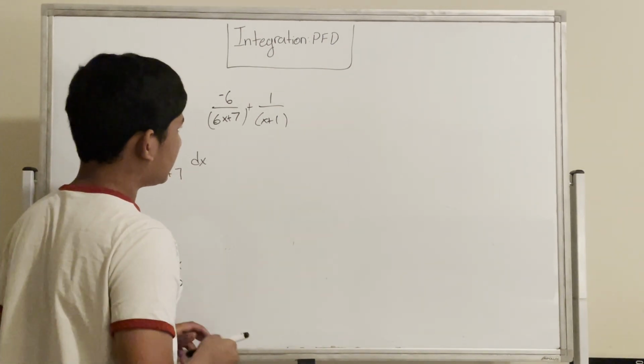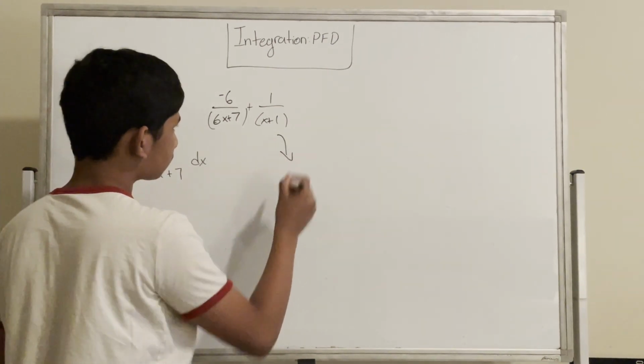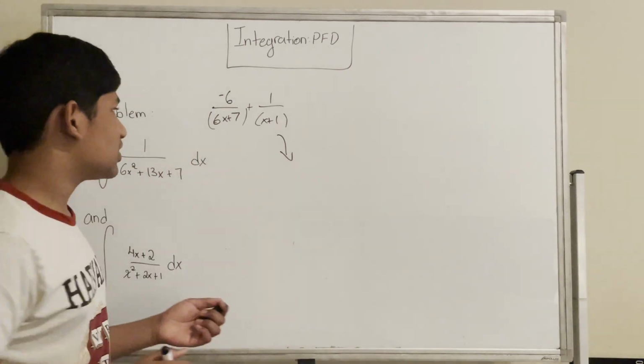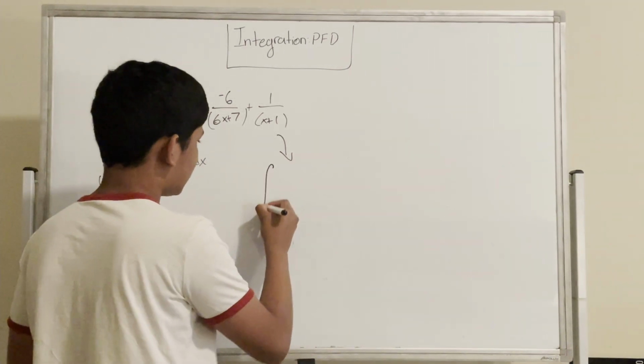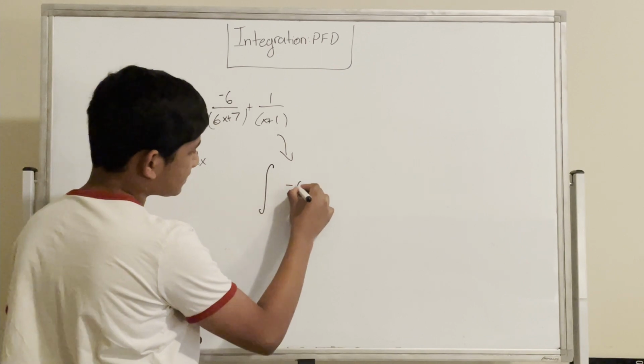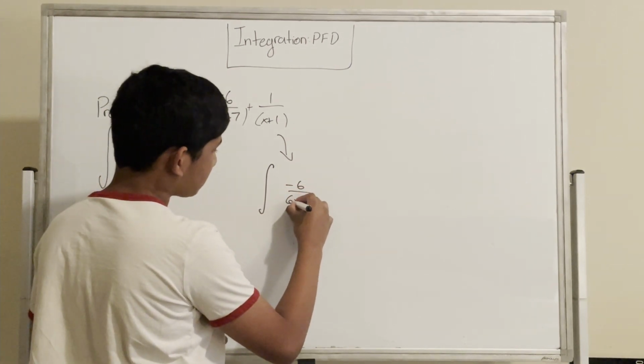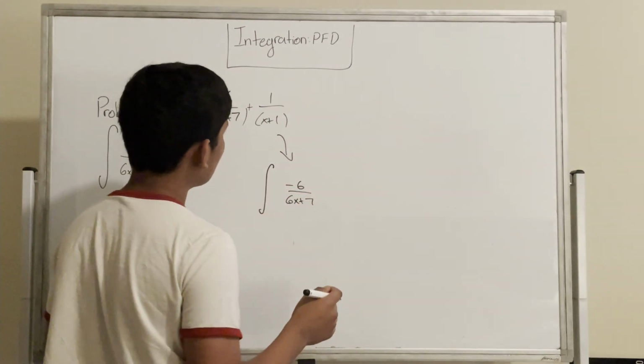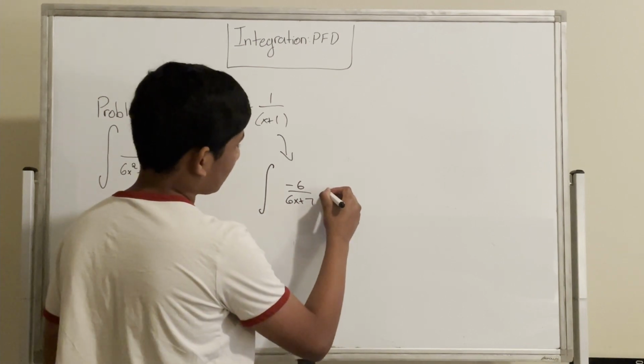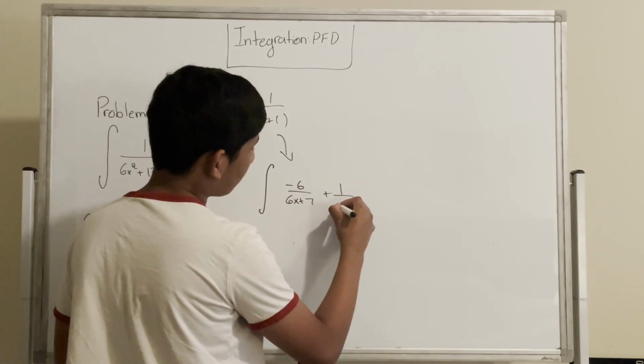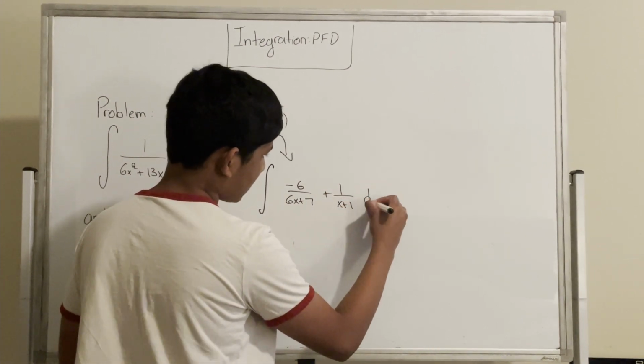So now, as you can see over here, we can essentially just integrate this: minus 6 over 6x plus 7, and then 1 over x plus 1 dx.